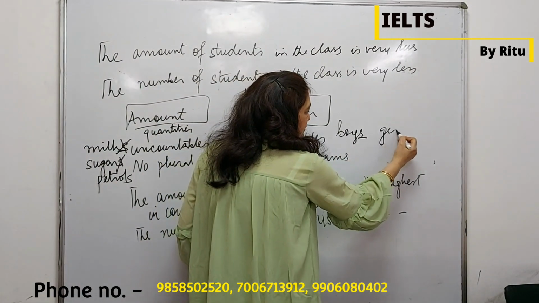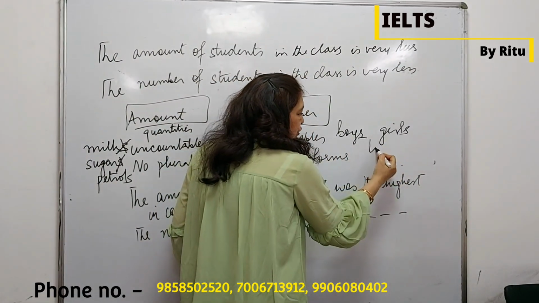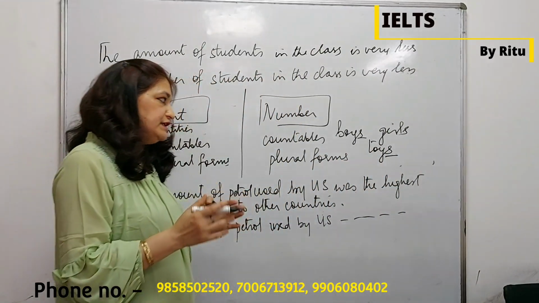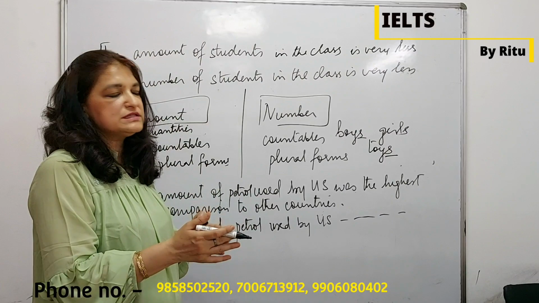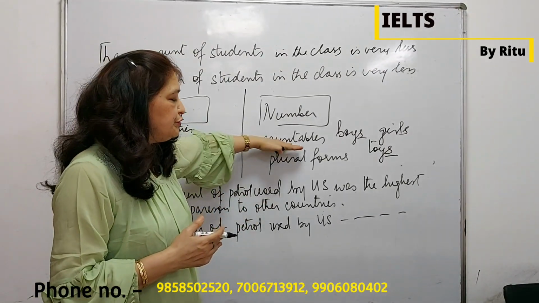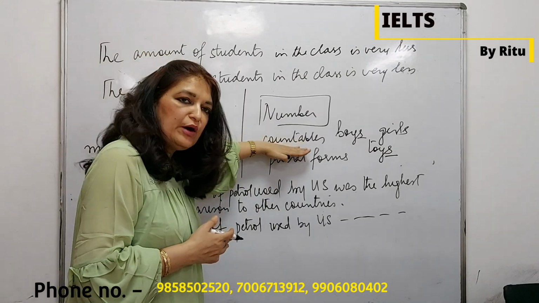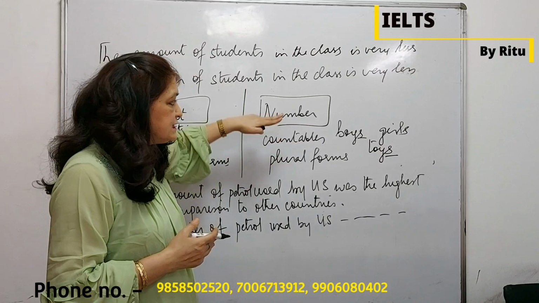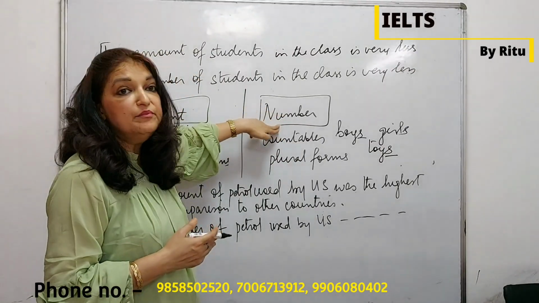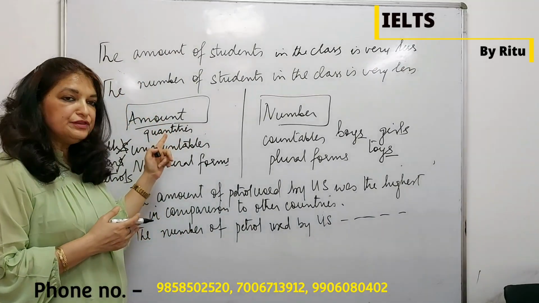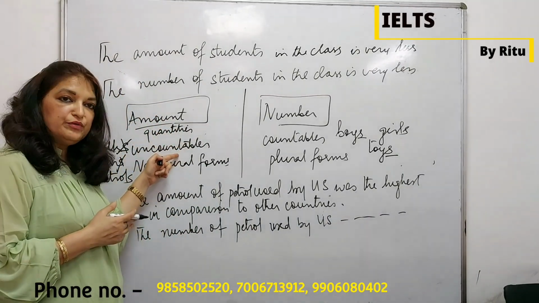Girl, girls. Toy, toys. So we have their plural forms, and again the list goes on. They are called countable nouns, and when we are using them in our sentences, we will be using the word number with them, not amount. We can use amount only with the words which are uncountable.